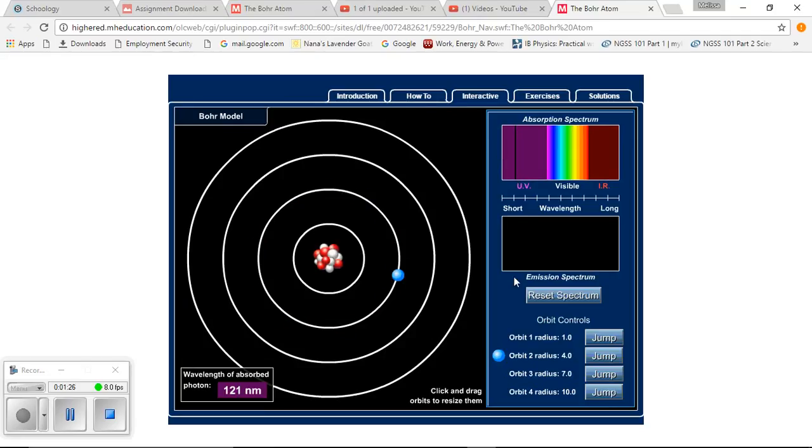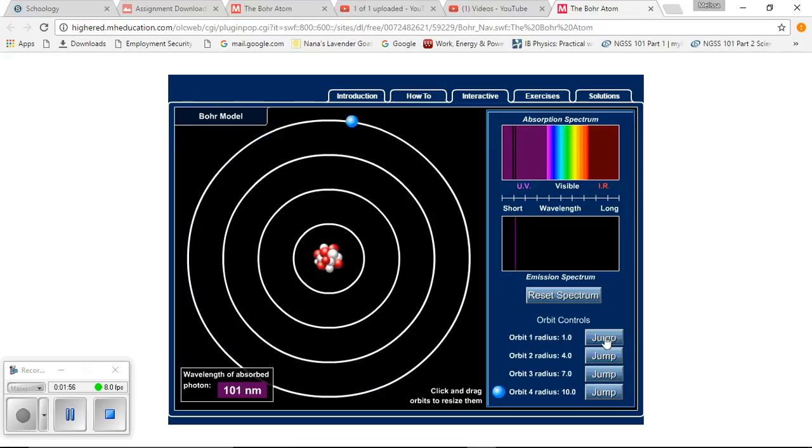Now, if I jump back down to the first energy level, watch what happens in the emission spectrum. That photon with the same wavelength has now left the atom as the electron goes from the second energy level to the first. And if I jump from 1 to 4, I still have a UV photon entering the atom.